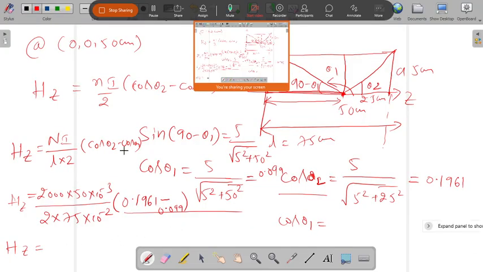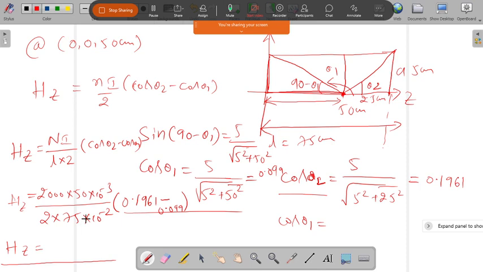Okay, this is 2 times, this is 3 times, and we have 10 power minus 1.